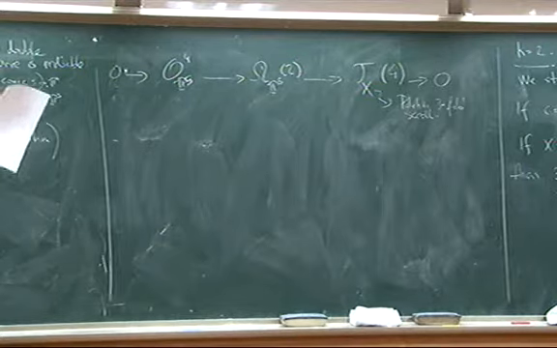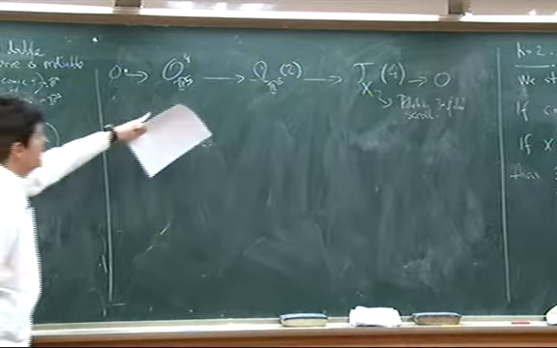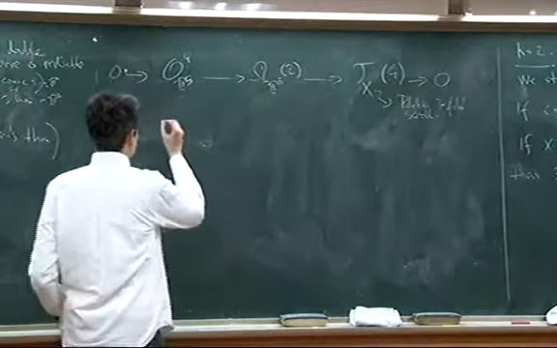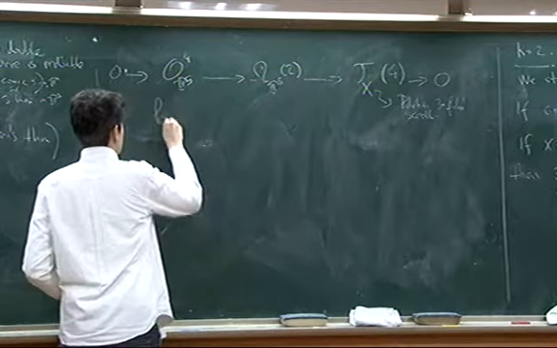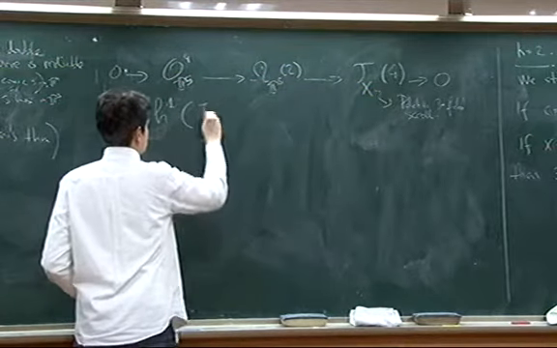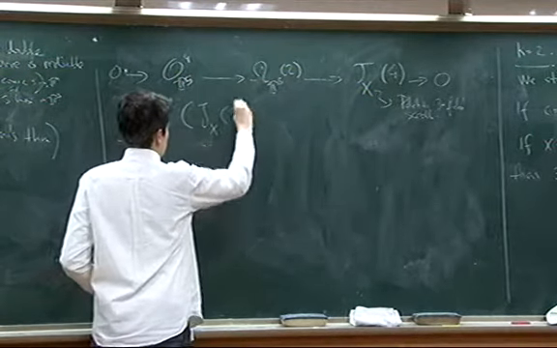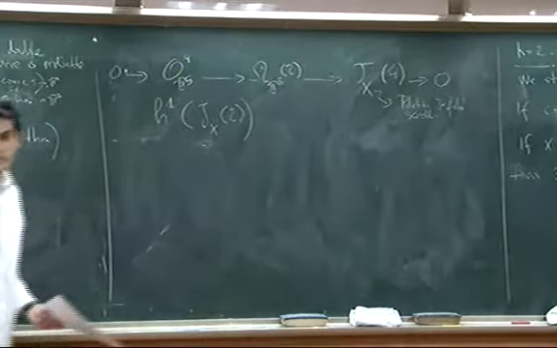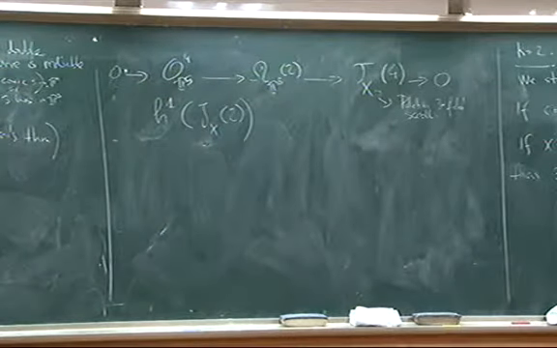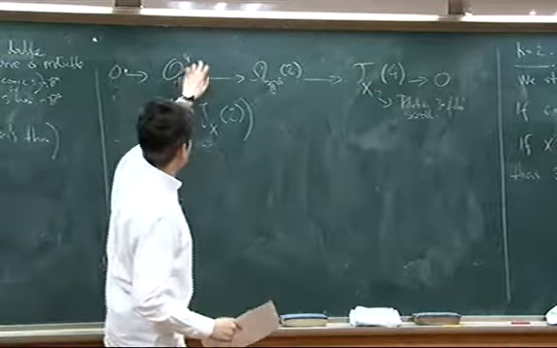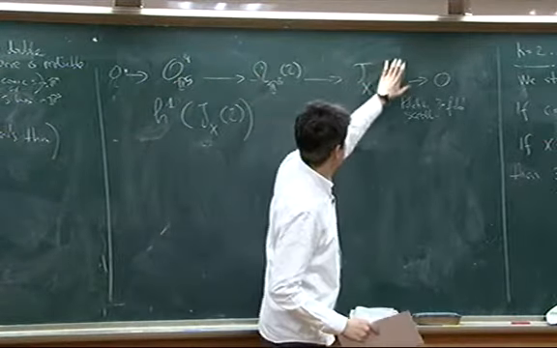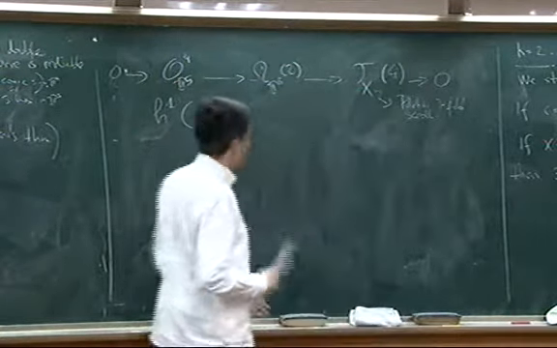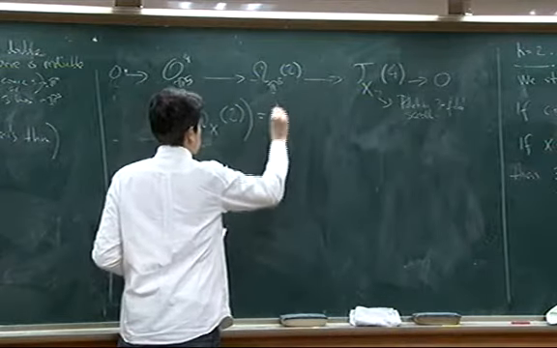Okay, but I prefer this description because with this description you can easily see what H1 of the ideal sheaf twisted by 2 is. Well, this is minus 2, this is omega, this is J2, so this is exactly 1, right?